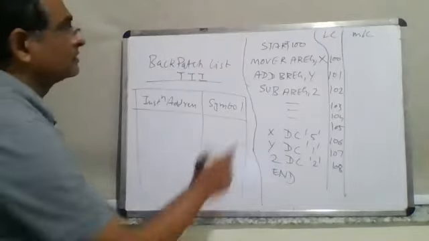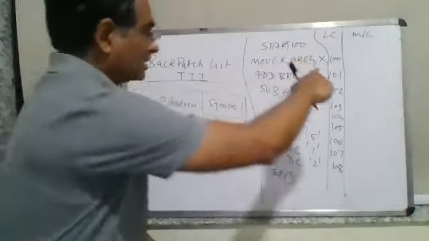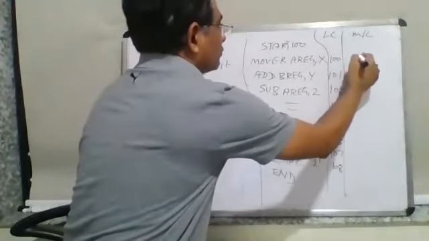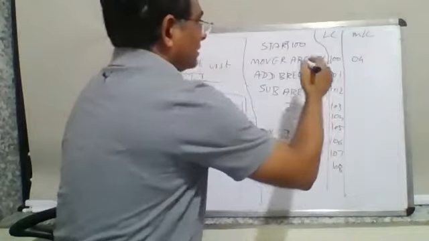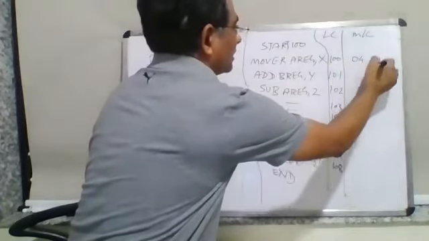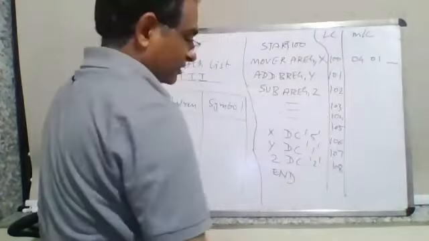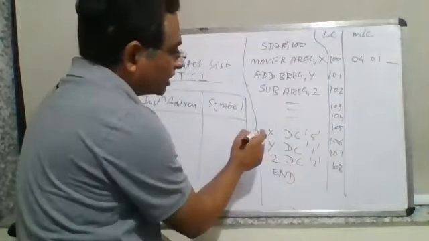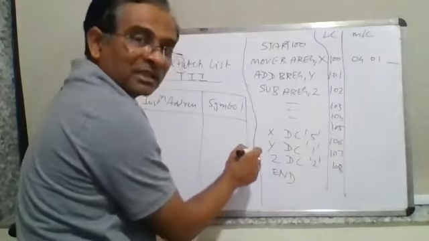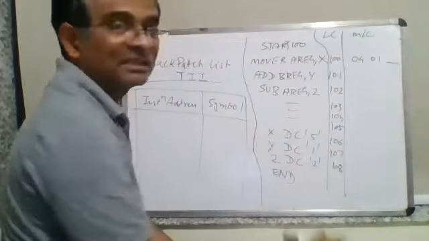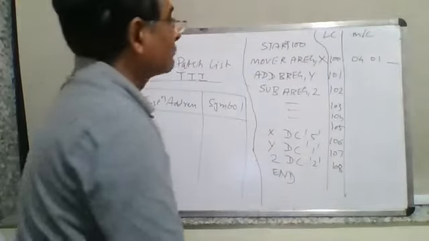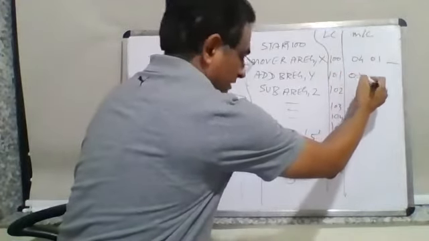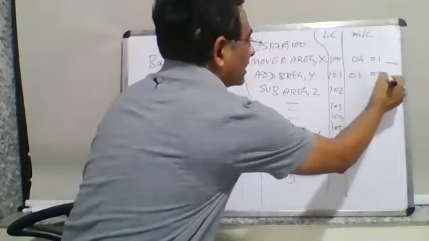For X, the first time when we generate the machine code, it will be like 04, then the register areg, so that is 01 and dash. Keep it dash as of now, so that we don't know at which place it is going to be. We will only come to know when it is actually declared, and then the entry inside the symbol table will be updated, right? So this is 01, then that is 2 and dash, right?